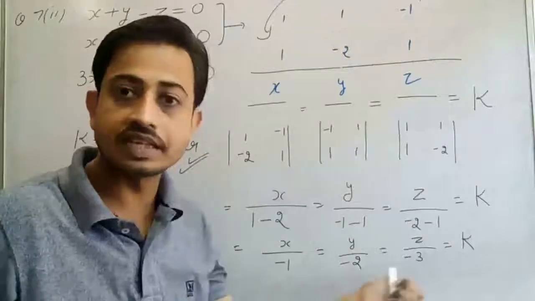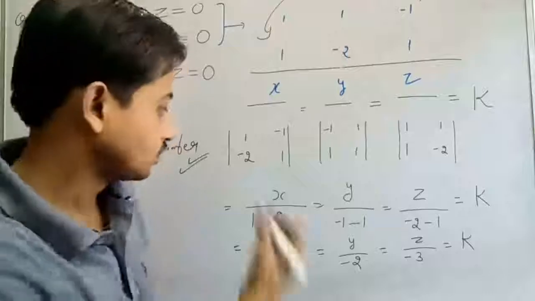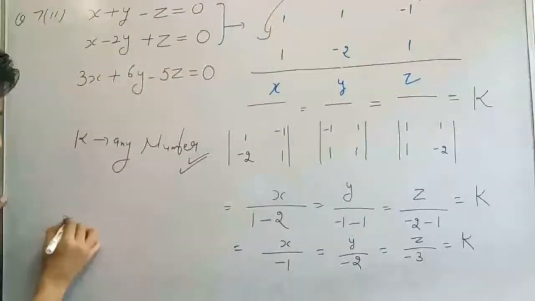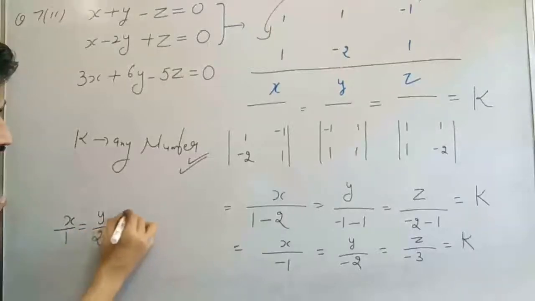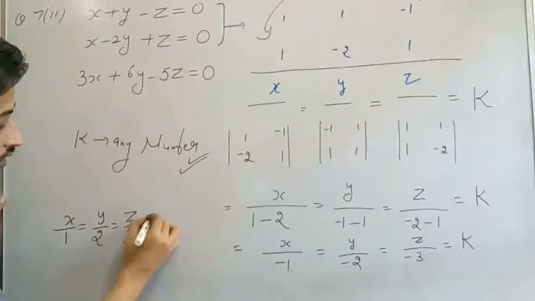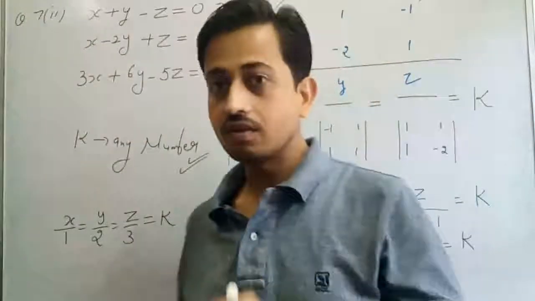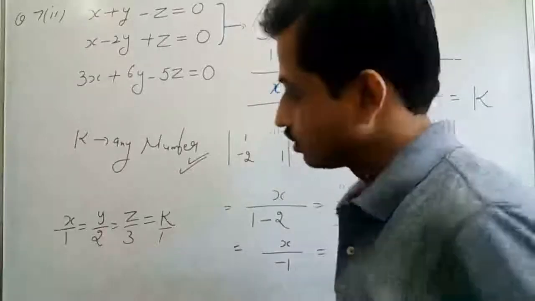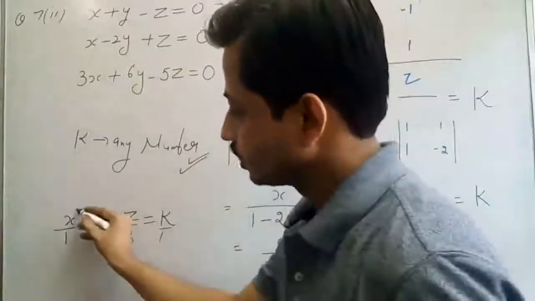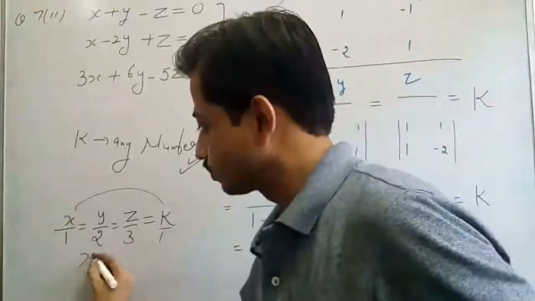All the terms have a negative sign, so you can cancel it out in all the terms. So what do you get? You get x by 1, y by 2, z by 3 is equal to k. Now what are the values? You have to do cross multiplication. Firstly, 1 into x, we get x.